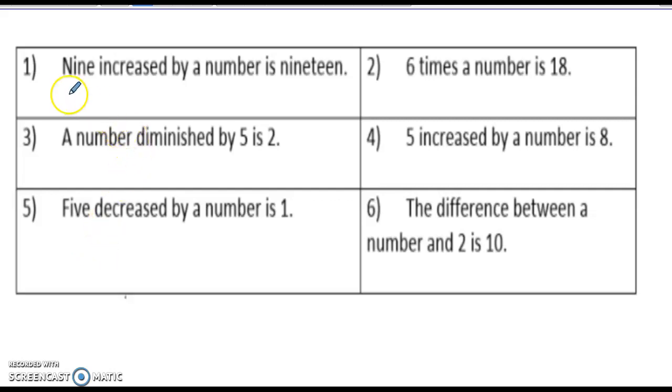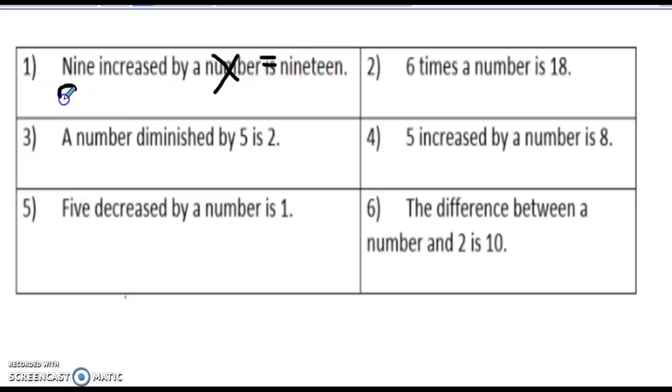Number 1 says 9 increased by a number. I'm going to use x as my number, so I'm just going to write an x on there. 9 increased by a number is 19. Is your equal sign. The word is signifies equals. So it really says 9 increased by x equals 19.